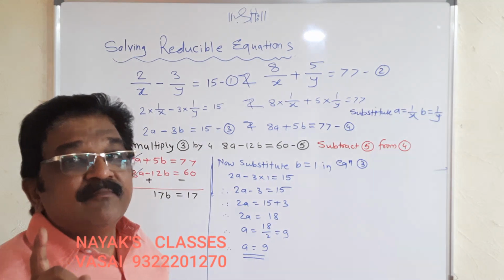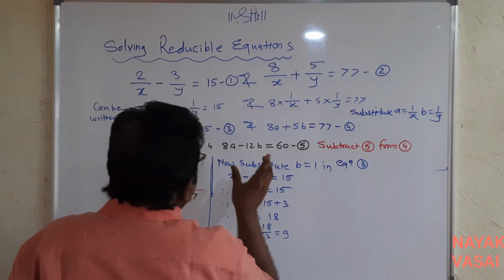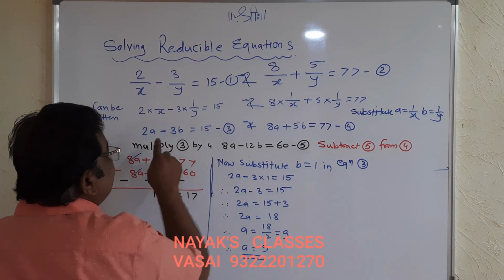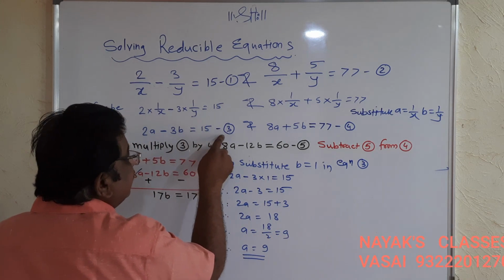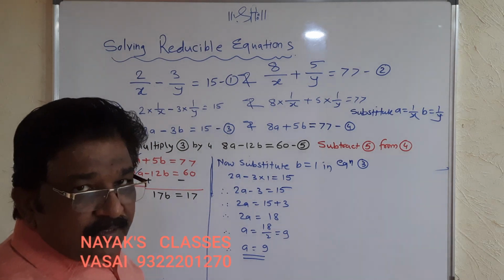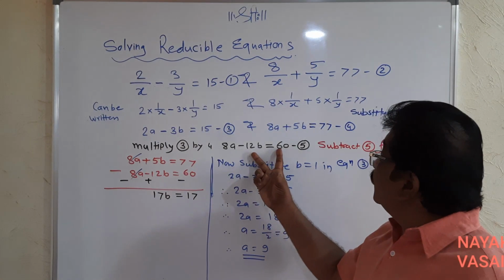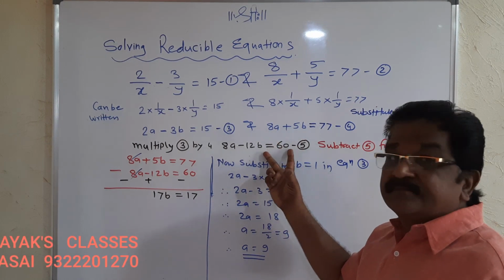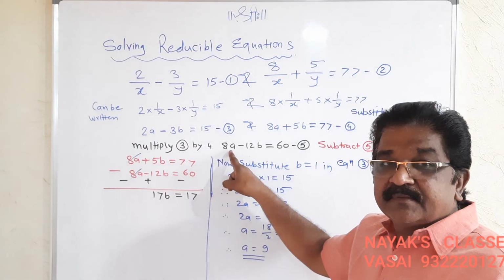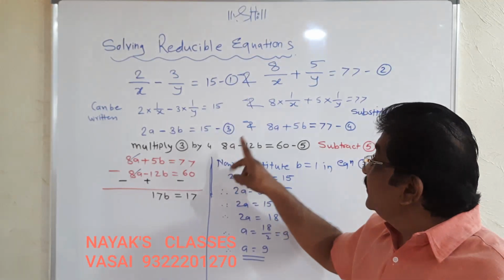That is equation number 5. The procedure we have adopted is multiplying equation number 3 by 4, and we got this equation. Now compare the coefficients of 4 and 5. You will see 8a is the same, similar. So we can do the further procedure now.